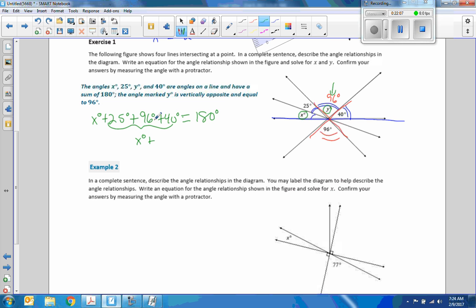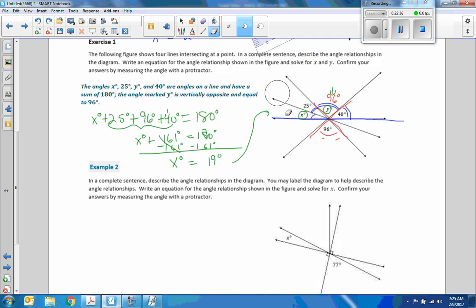I get x degrees plus 6 plus 5 is 11, carry the 1, 5, 9 and 5 is 14, and 2 is 16, equals 180 degrees. Subtract 161 degrees from both sides, and these cancel. I get x to equal 19 degrees. So this is 19 degrees.